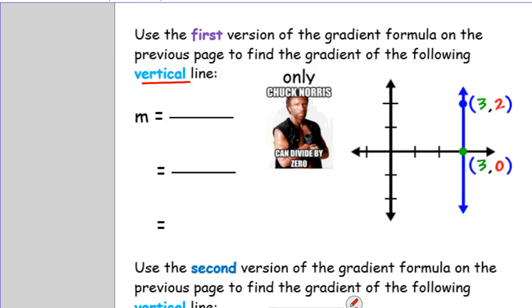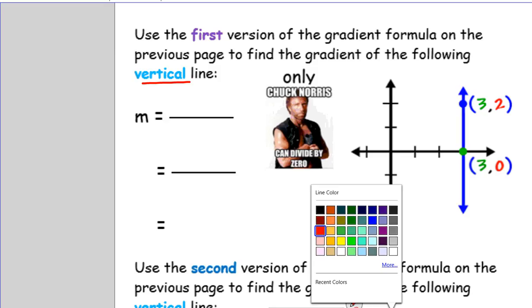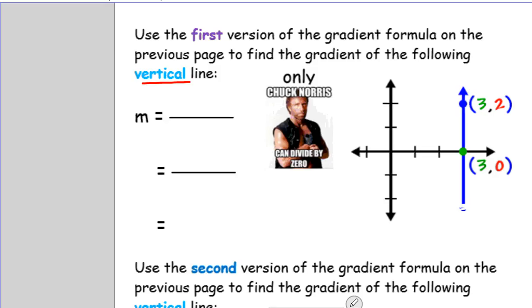Let's ignore this bit. Because I want to use the coordinates in the gradient formula, let's say this vertical line runs from here to here exactly.